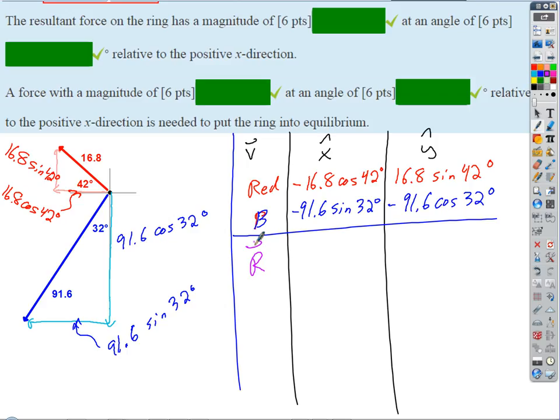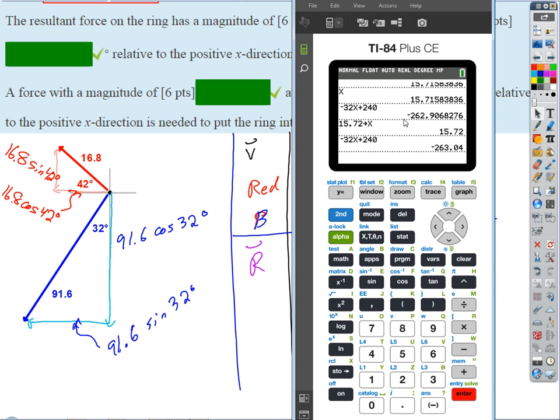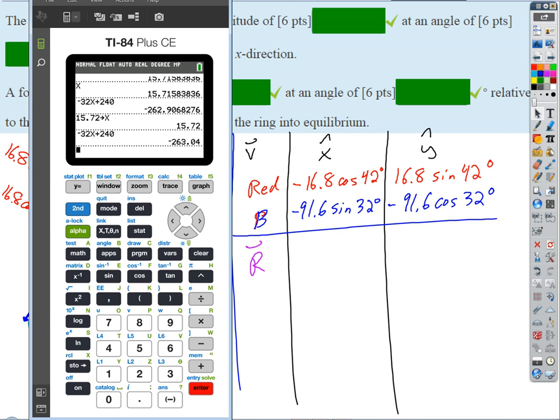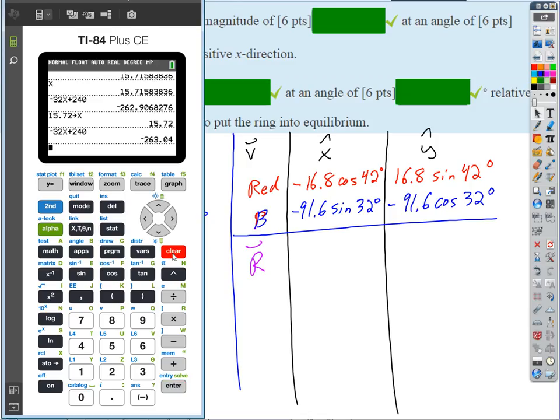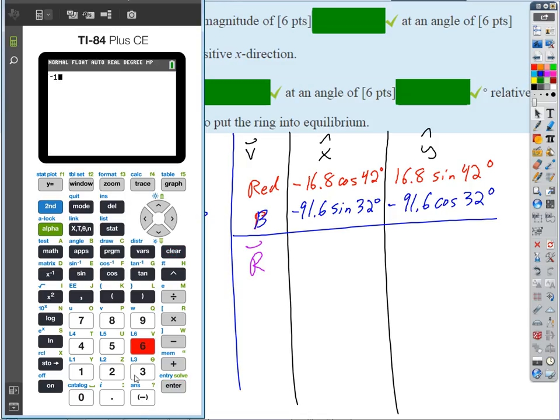So these are just calculator numbers. So let's throw those in the calculator. So negative 16.8 cosine 42.